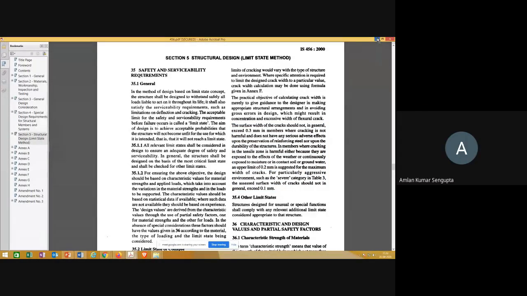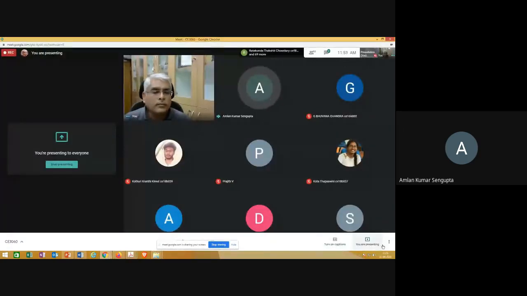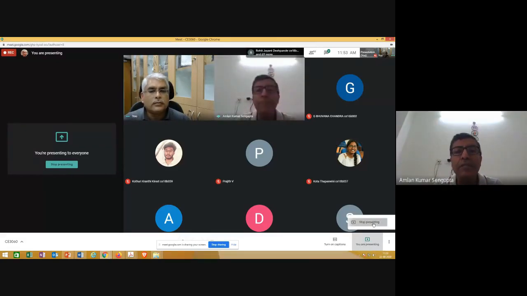The question may come that if we are exceeding the crack width, then what to do? The solution is that you should have smaller size bars which are well distributed. To limit crack width, you cannot have two large size bars widely spaced, because then the concrete in between will crack more.